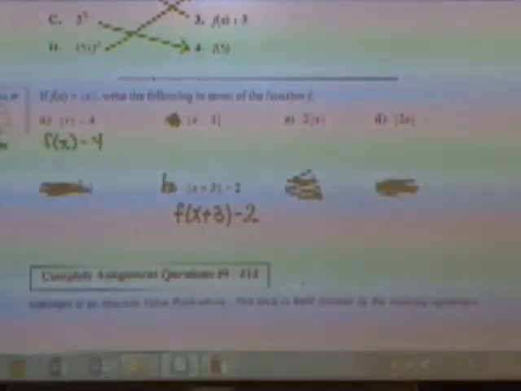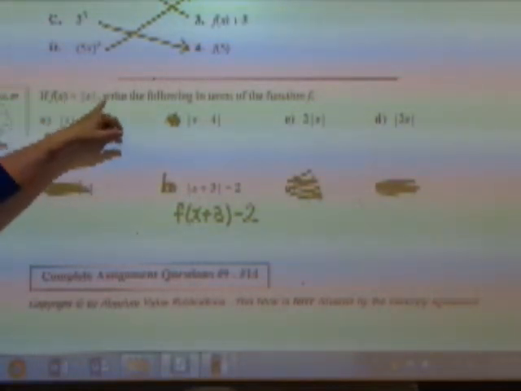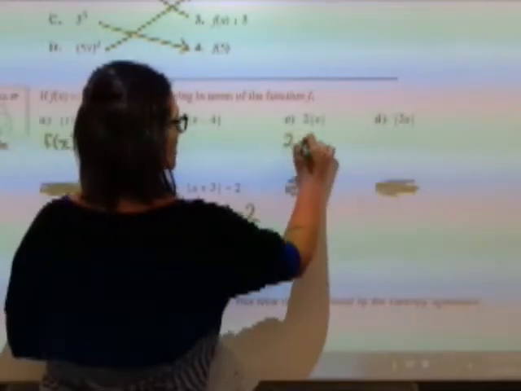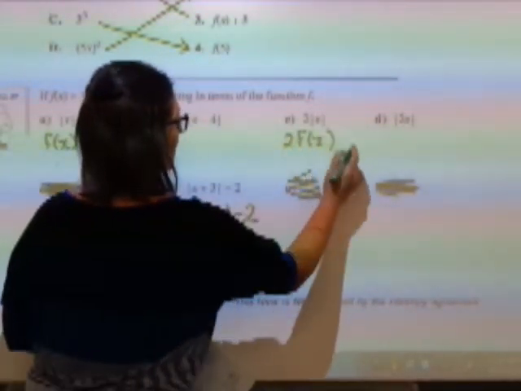So then C and D. How do I get C? Multiply what by 2? F of x. I multiplied this absolute value by 2. So 2 times f of x.